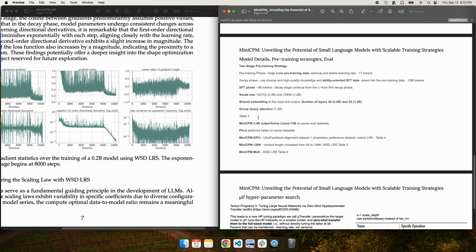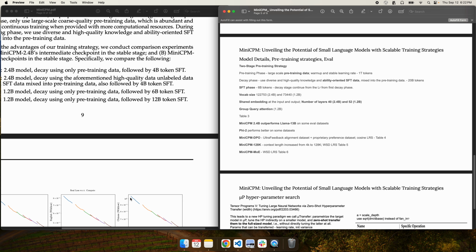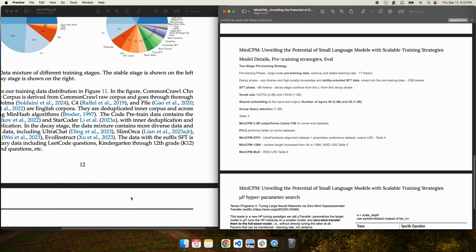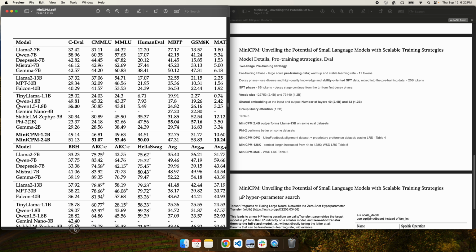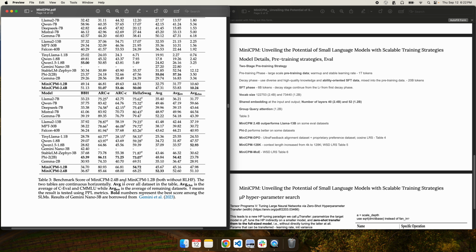They use group query attention for the 1.2B model. And they evaluate these models on different benchmarks. Table 3 shows the results of that.